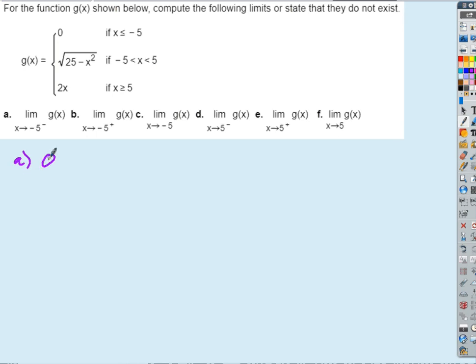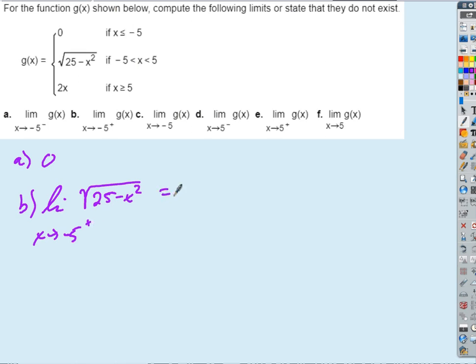Okay, what about part B? The limit of our function as we approach -5 from the right. Middle. So for part B, we're gonna get the limit of the middle part, the square root of 25 minus x squared, as x approaches -5 from the right.